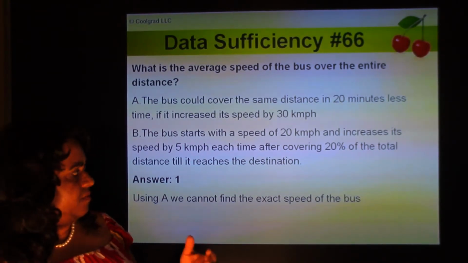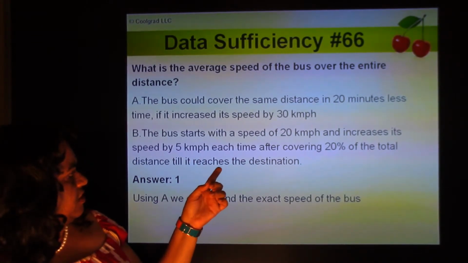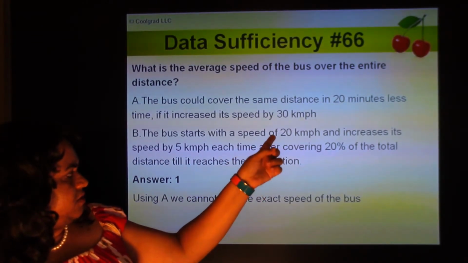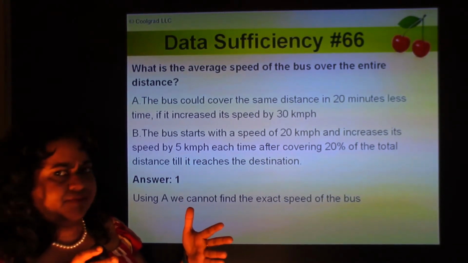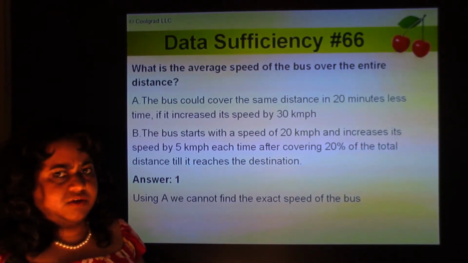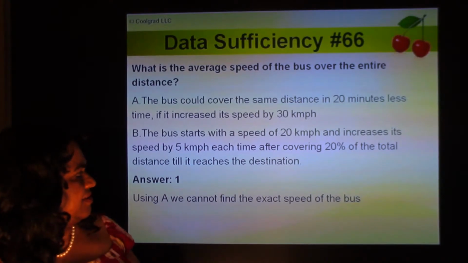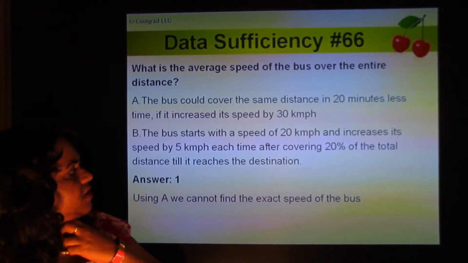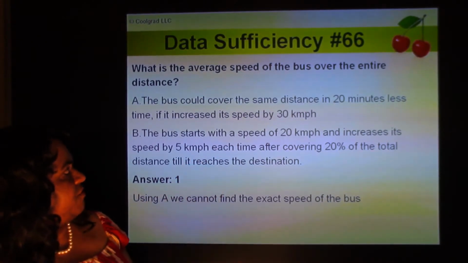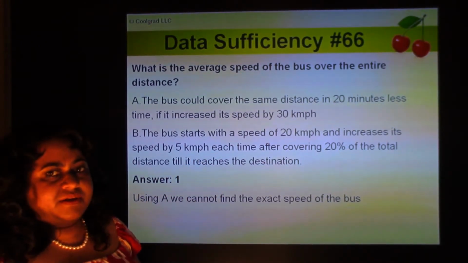If you see the average speed, it's 20 kilometers per hour for a distance d. We just need to calculate the average speed of the bus. So what is the average speed?